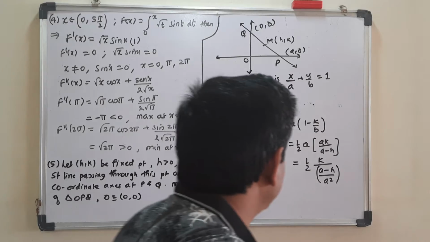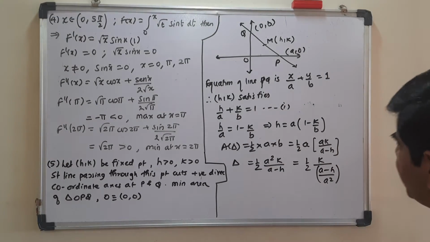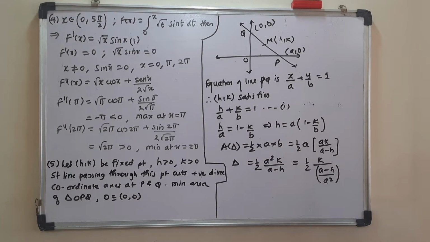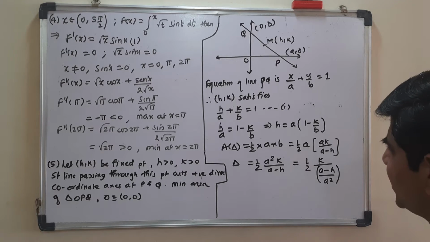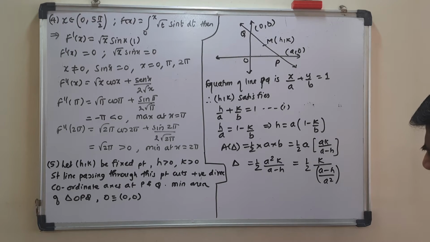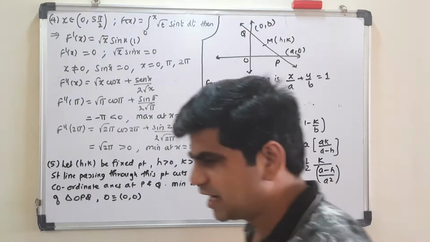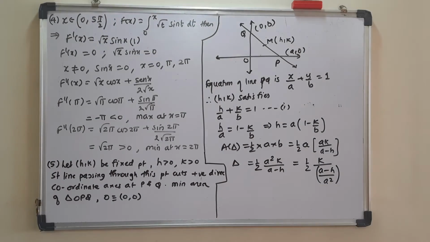If I want the area of triangle to be minimum, first I need to talk about what is the effect of this denominator on it, right? What this denominator will affect if I take the derivative of it, and on that I will decide whether this particular function, at what case it will be minimum.